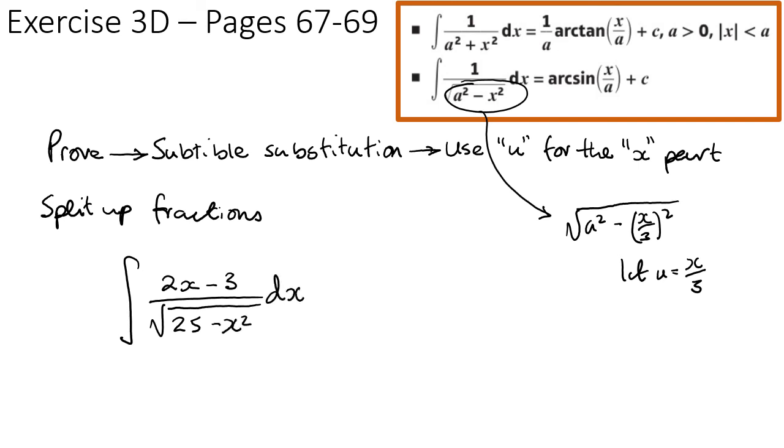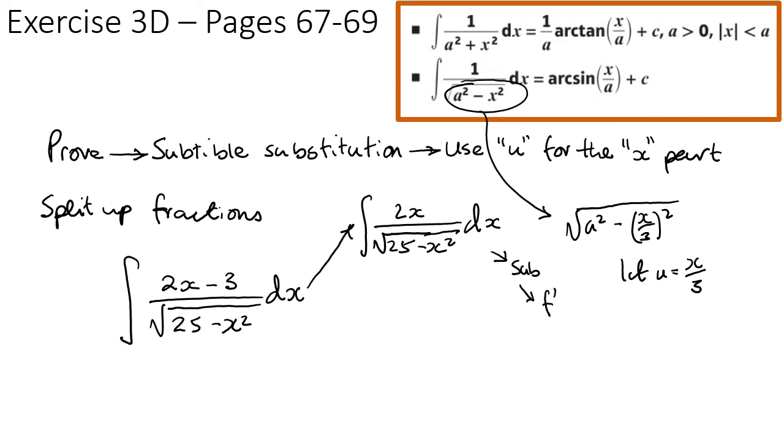Then you'd split this up so that you've got 2x over this part, and we've got methods for integrating that, so maybe substitution, or it may be that you use the standard pattern if you can get it to look like this.